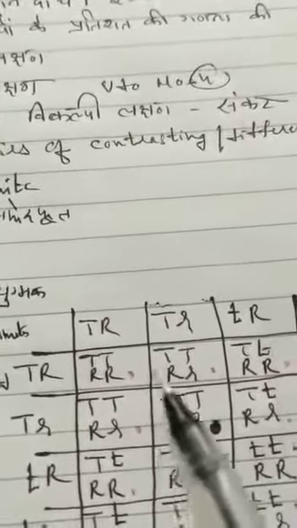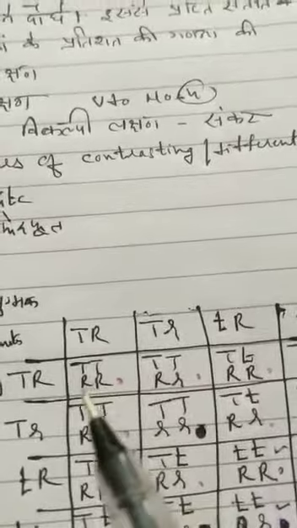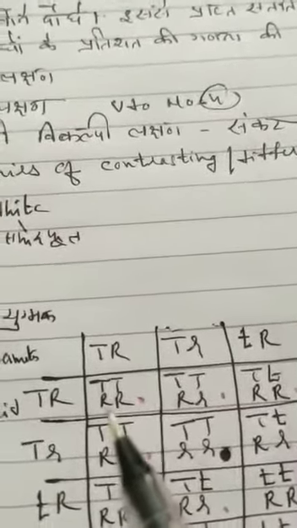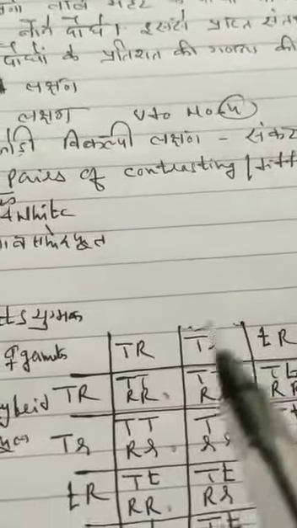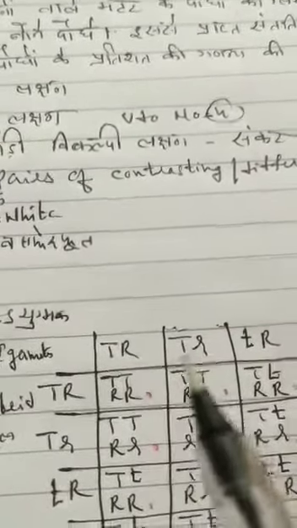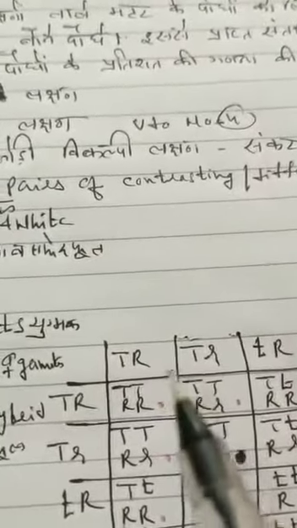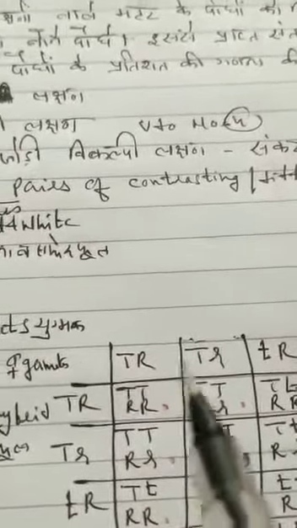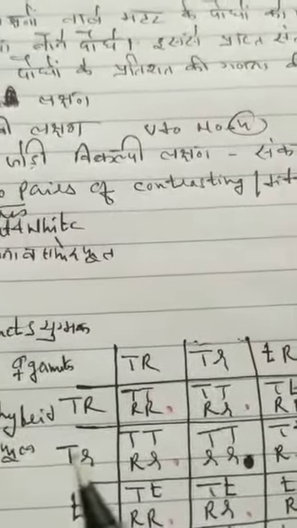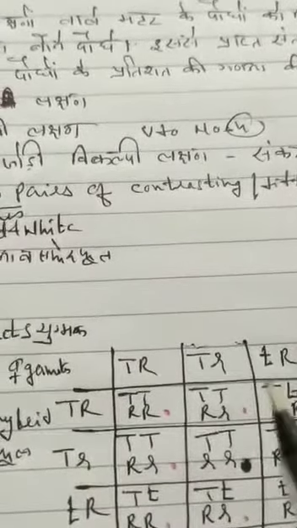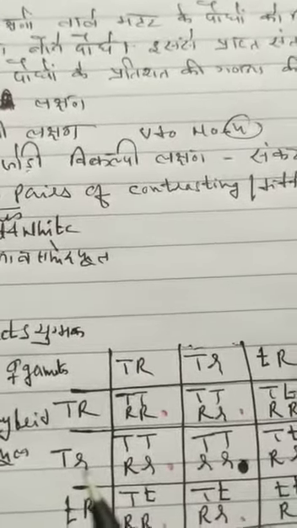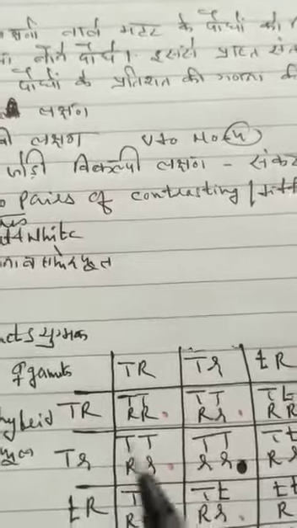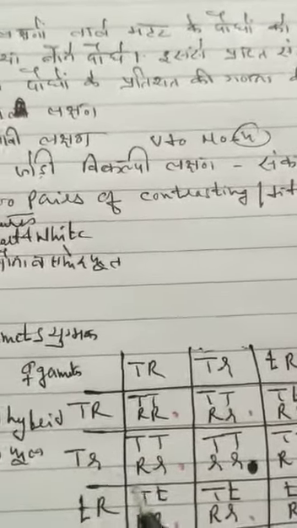Whenever a single capital T is present and a single capital R is present, you must keep in mind that the plant will always be tall and red. And when there is a capital T with small t and small r present, the plant will be tall and white.